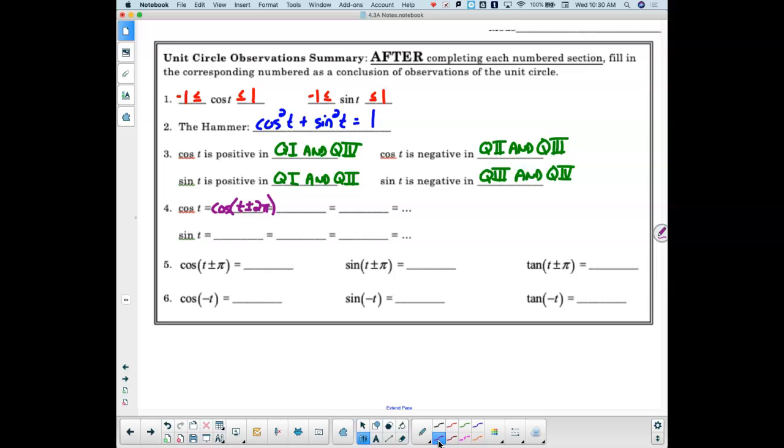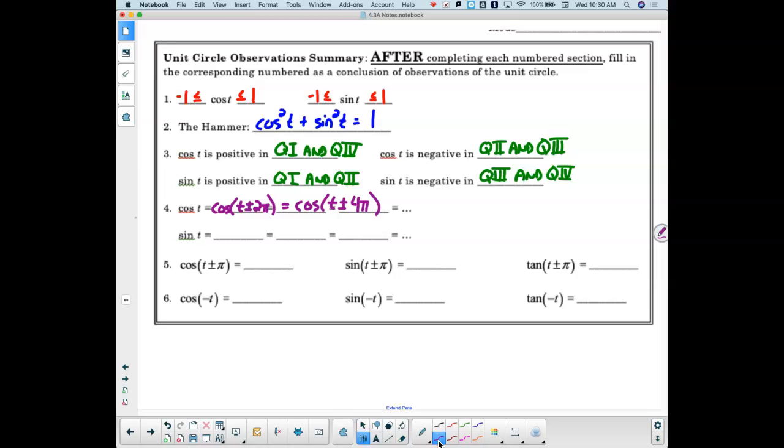So cosine is the same if I add or subtract any multiple of 2 pi. So if I add or subtract 4 pi, 6 pi, 8 pi, 10 pi, 98 pi. Okay?